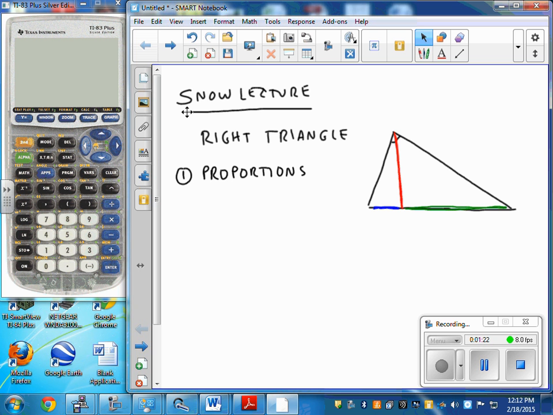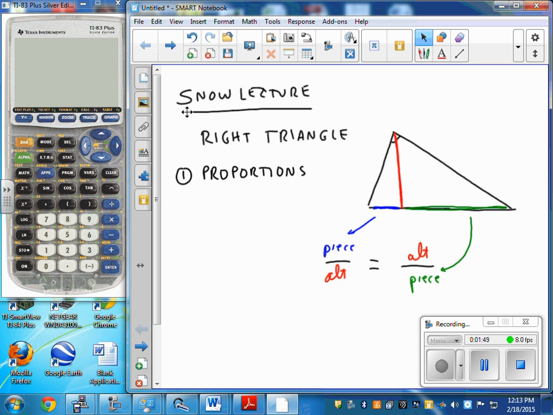So in a proportion, the altitude fits in as the geometric mean, and the other two pieces of the proportion are the piece over here and the piece down here. That's the first proportion that you needed to be able to do.